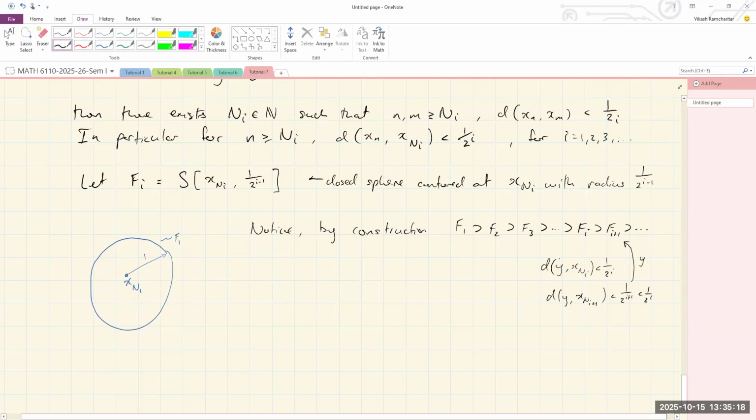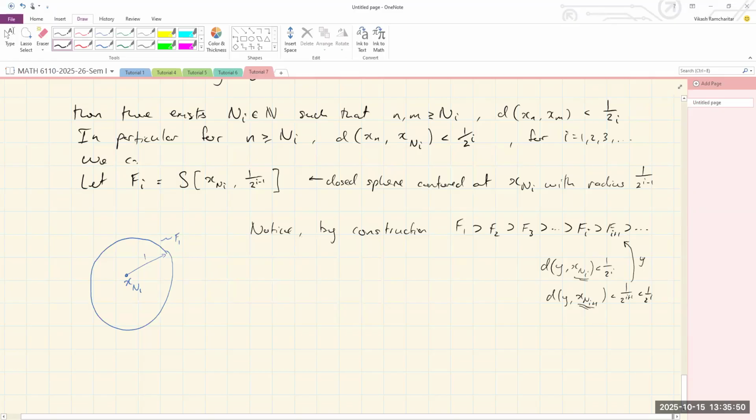Okay. And so the only thing that could go wrong is maybe these centers also need to be nested. So maybe I should have also said let Fi be the sphere, but I also need to take these n_i's as a decreasing sequence as well.